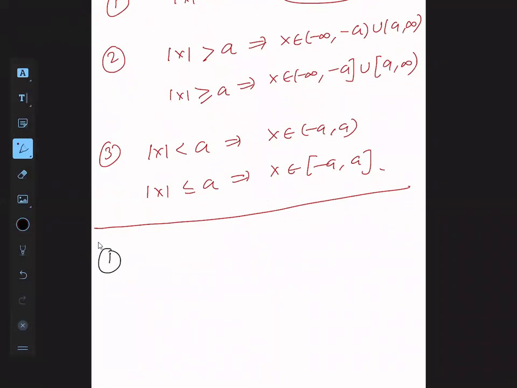So problem number 1. You have to find the value of x. Find the real values of x which satisfy modulus of mod x minus 1 is equal to 2.